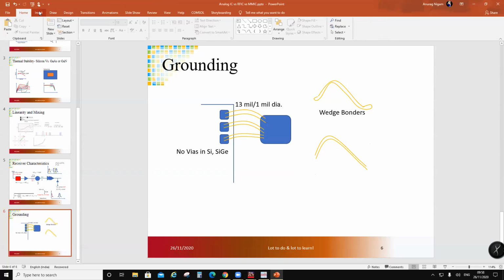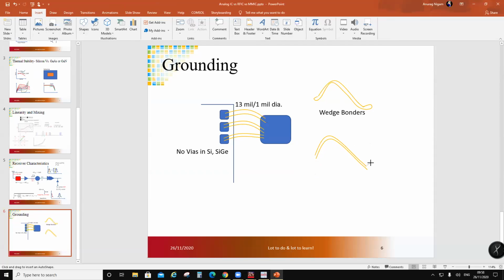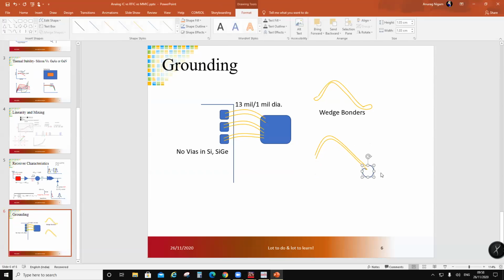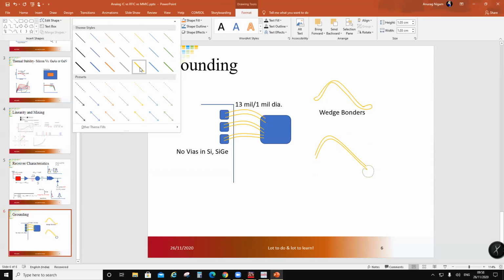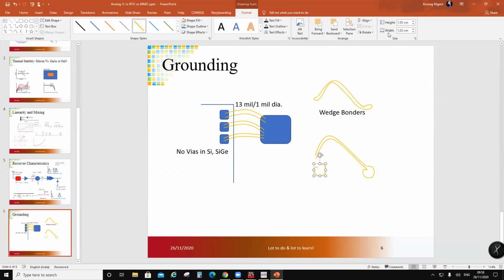And this thing is going to be like a ball, something of this nature. And there is going to be another one. There's going to be a ball over here. Okay, so this would be called the ball bond.